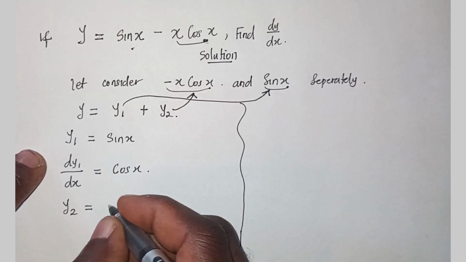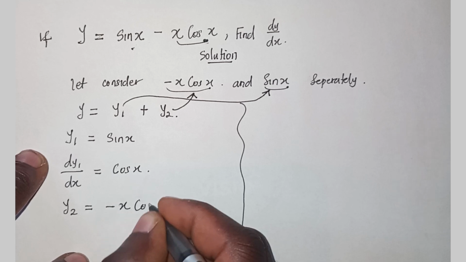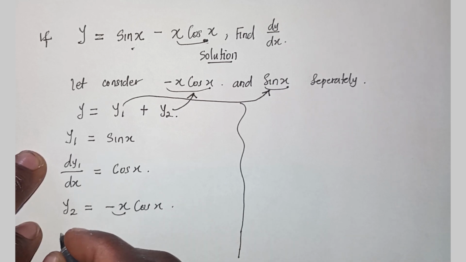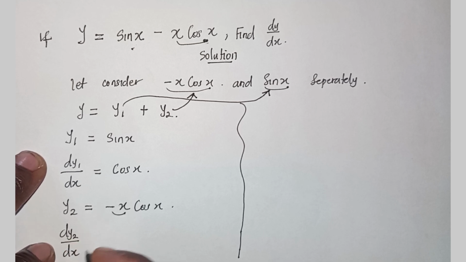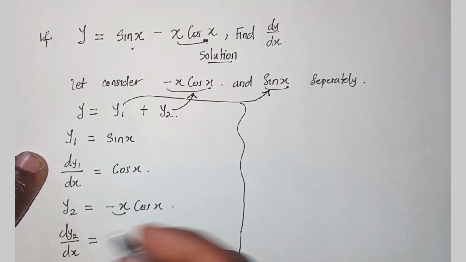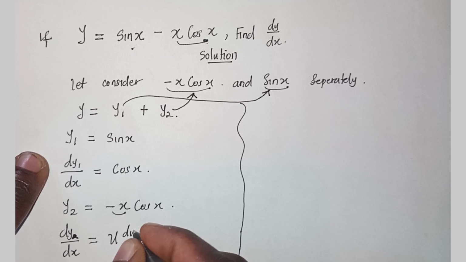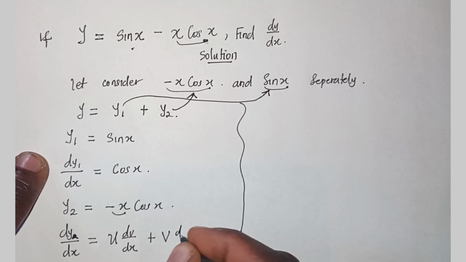If y2 equals minus x cos x, this is a product, and the differentiation of a product, which is dy2/dx here, uses the formula that I will write out. The formula is u dv/dx plus v du/dx.